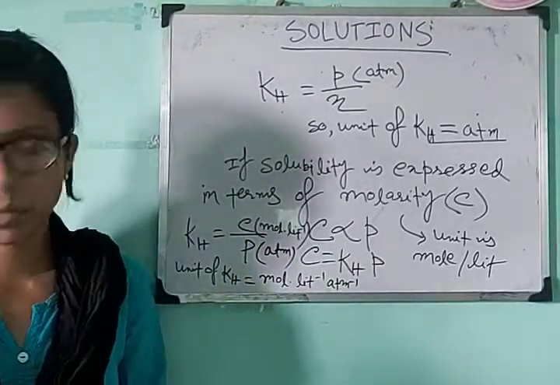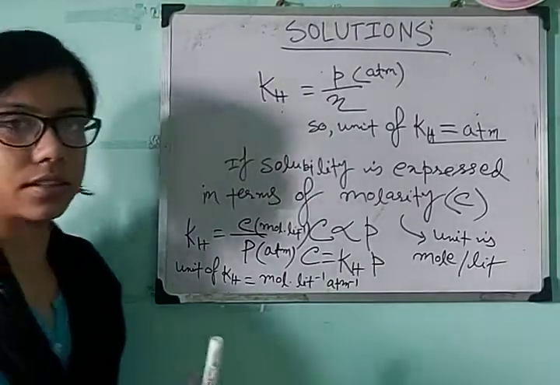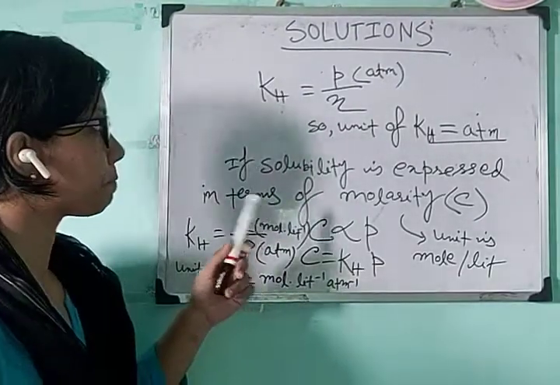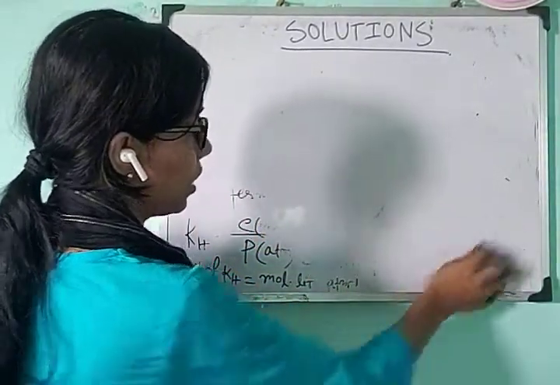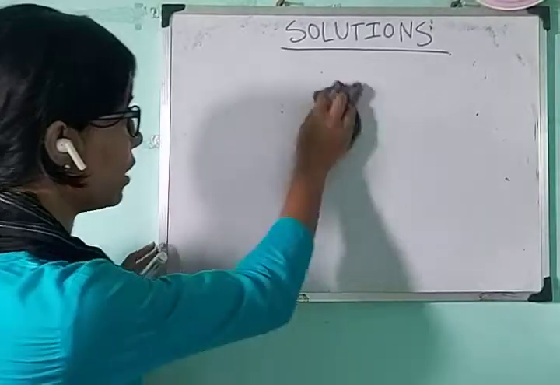Now, what are the factors that affect the Henry's law constant Kh?